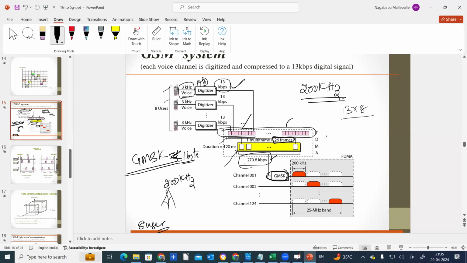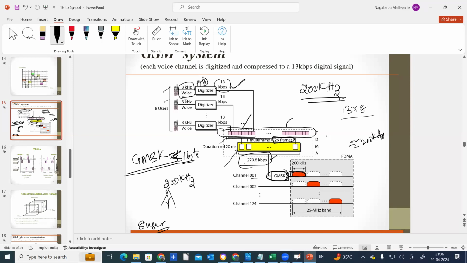After applying GMSK, it will be around 200 kilobits per second, which can be transmitted through a channel, whatever we discussed. Clear? This is how GSM communication happens. Got my point? Any doubts from this?